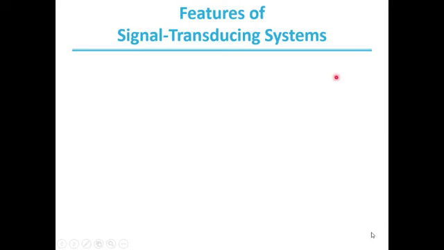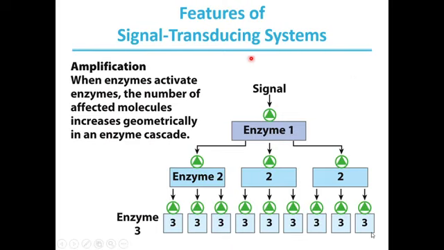Another feature of signal transducing systems is amplification. Amplification results when an enzyme, as shown here, is activated by a signal receptor. As a result of this signal, a receptor activates an enzyme, and this enzyme in turn catalyzes the activation of many molecules of a second enzyme.